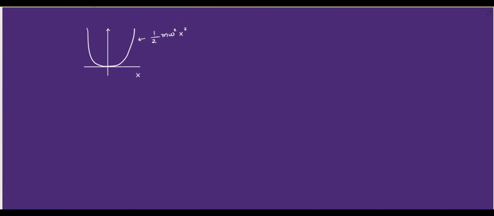Now, when we are considering a quantum particle in such a potential, we are focusing on what is called a quantum harmonic oscillator. In this, the allowed energy levels are given by this operator h cap, which is p cap square by 2m plus half m omega square x cap square.